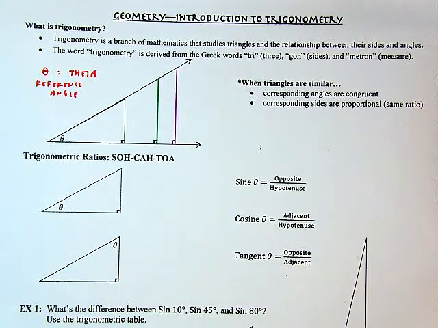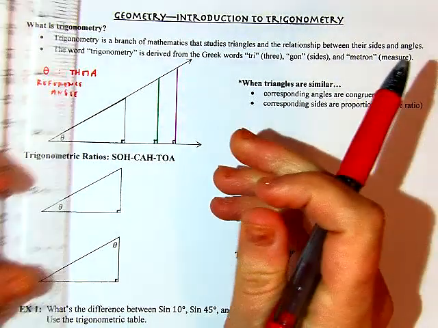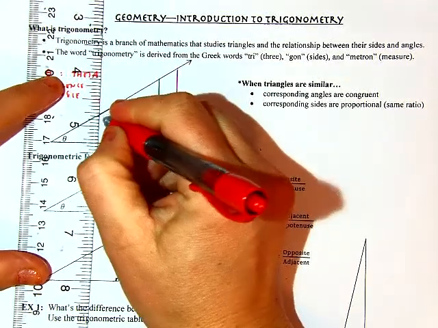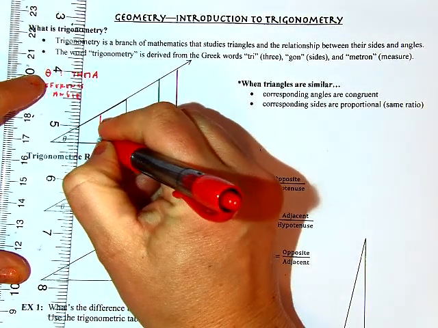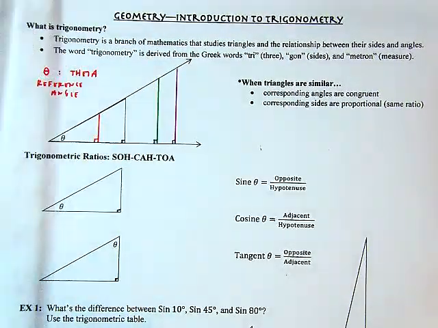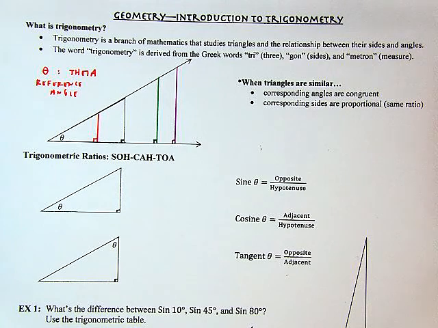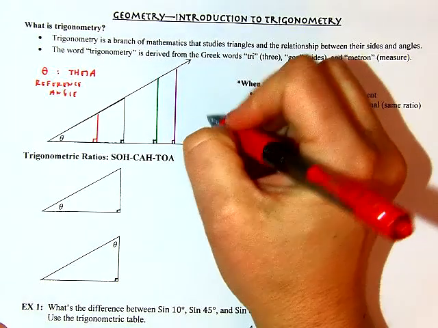But I could also shrink it down. I could put a segment right in here, and I have another triangle that would be similar to all of the others. So what I've drawn in here are all similar right triangles.